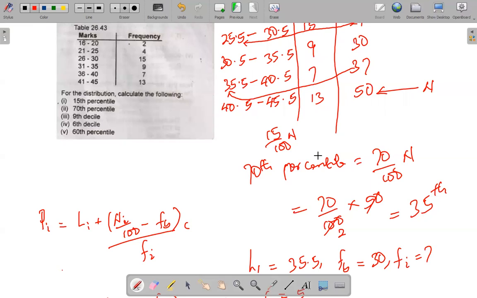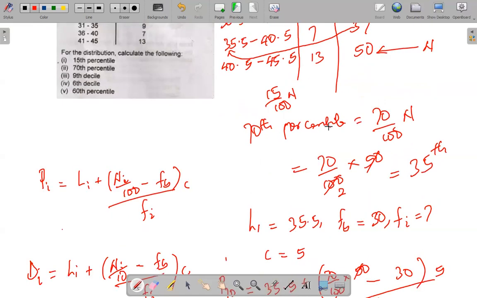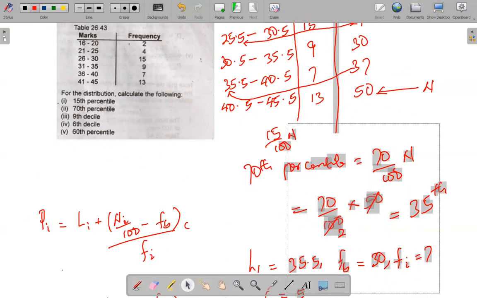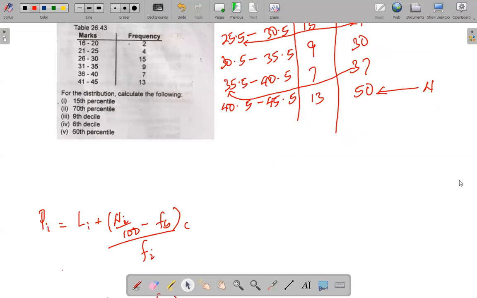Still continuing, the third one says the ninth decile. For the ninth decile, remember decile is when we divide the data into 10 equal divisions. So how can we get the ninth decile? Let's clear this board. For the ninth decile, it will be 9 over 10 multiplied by the size of the data, which is 50. 9 times 5 is 45.